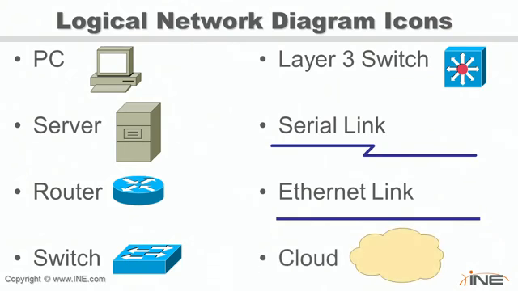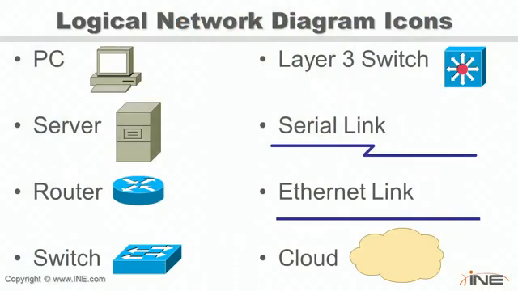And then a network cloud basically means any connection that we don't care about the details that are going on behind the scenes. So if I'm using ISP1 to get from the office here to some office in Chicago, I don't really care about what's going on in the service provider's network. From their point of view, it's none of my business.